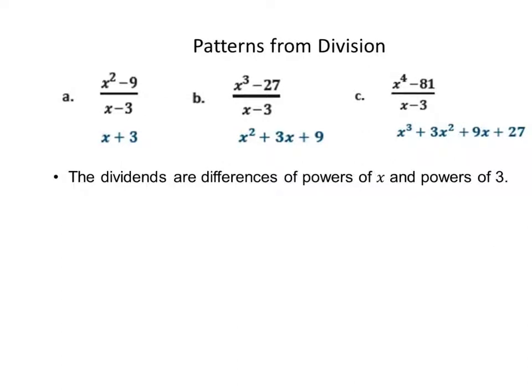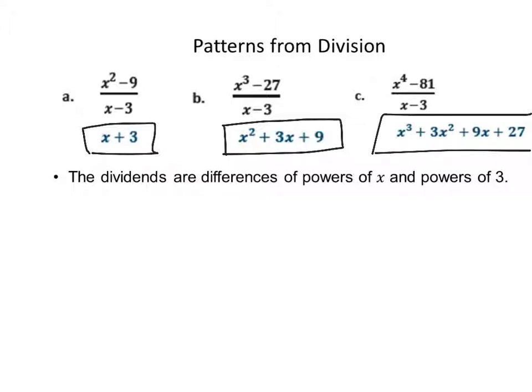So now we begin to examine the patterns that are in these answers that we have. So let's see, this answer here, and this answer here, and this answer here. Okay, but first let's look at what we are dividing. We are dividing difference of square.